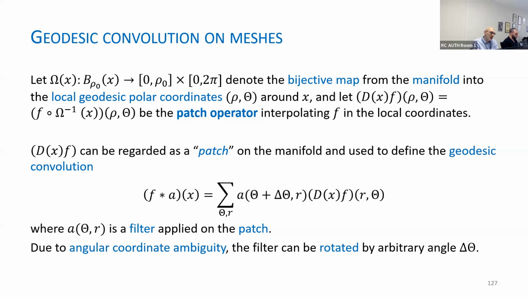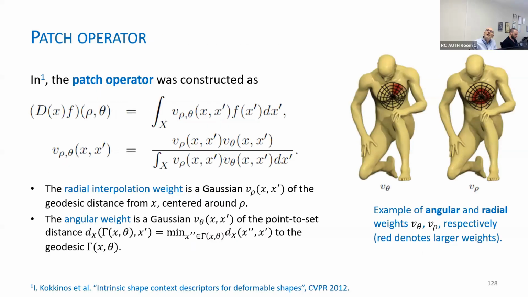It can also be used to interpolate the function if we have the function defined just at some points. For example, if we have a mesh, the function can be defined just on the vertices, and so the patch operator can be used to sample the function between two vertices. And here you see how the patch operator works.